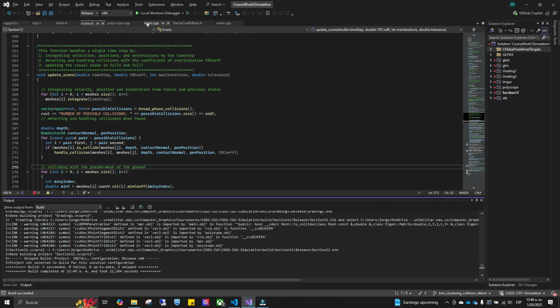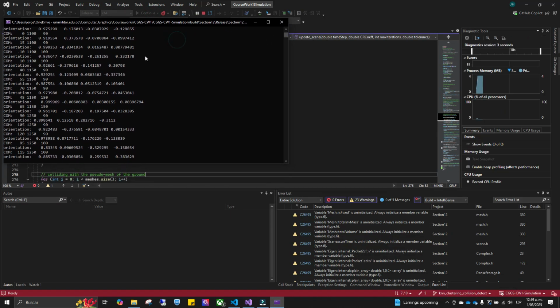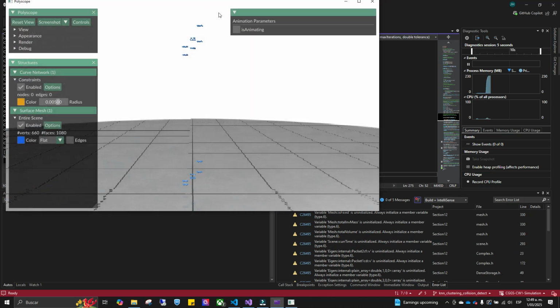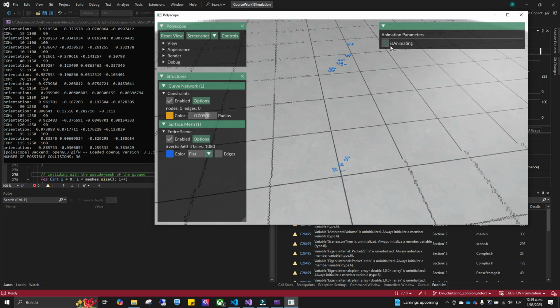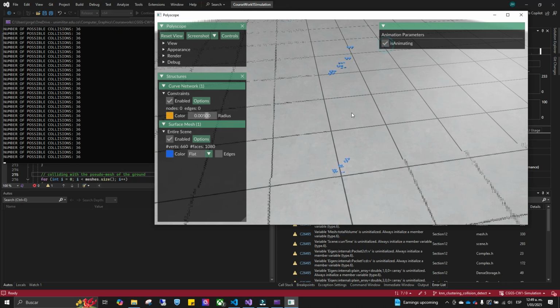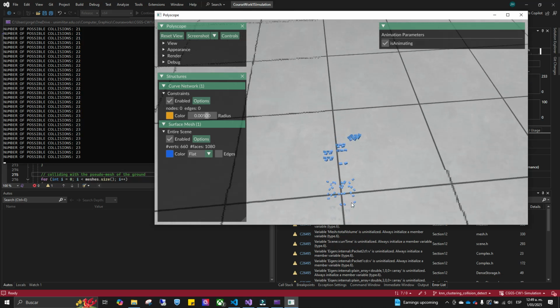So let's see. Again, the same simulation, we should have the exact same behavior. At the beginning we have a very good number here. This is quite small, only 20 possible collisions when this first group of objects collided with the ground.